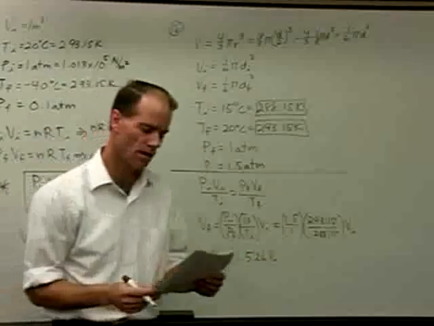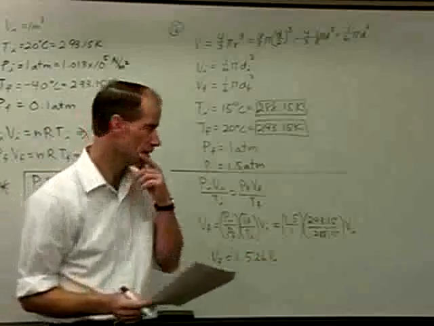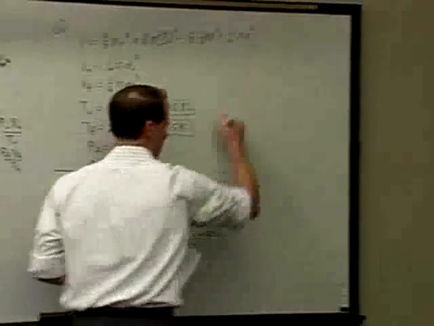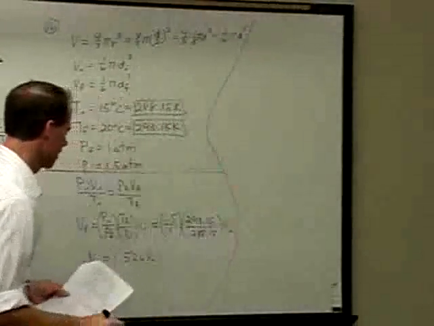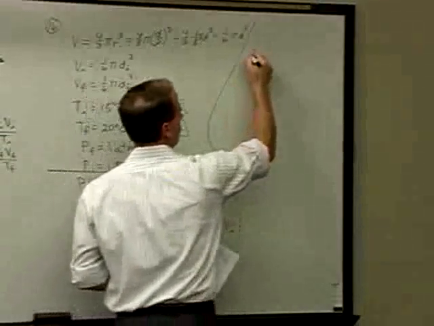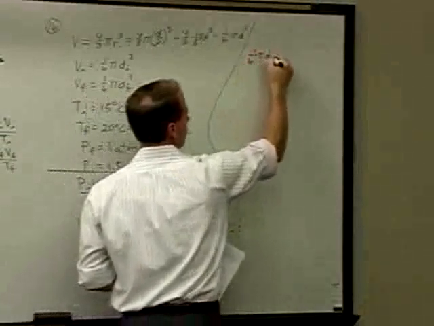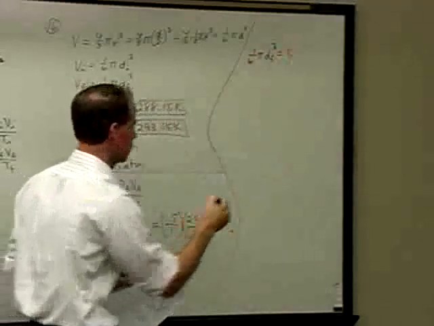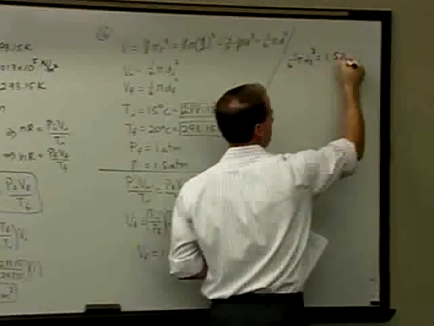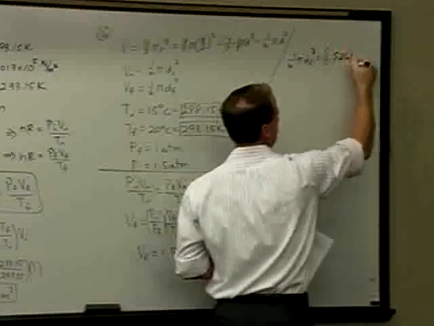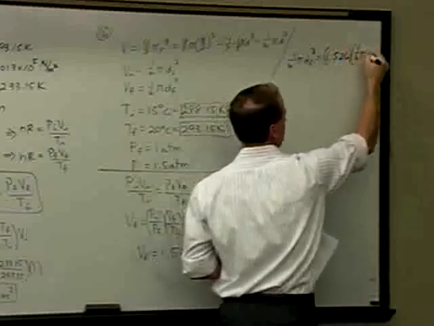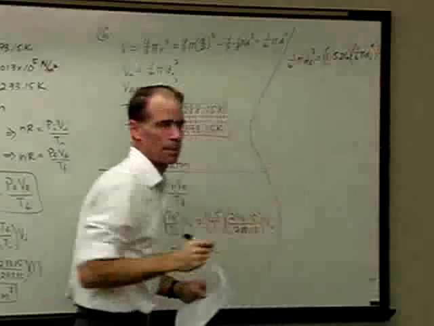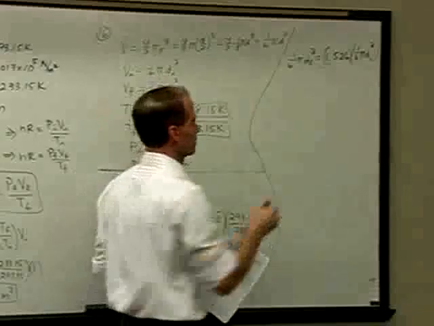However, we were given the volume in terms of diameter. Let's do this. We have 1/6 pi final diameter cubed equals 1.526 times 1/6 pi initial diameter cubed. The 1/6 pi on both sides will cancel out.